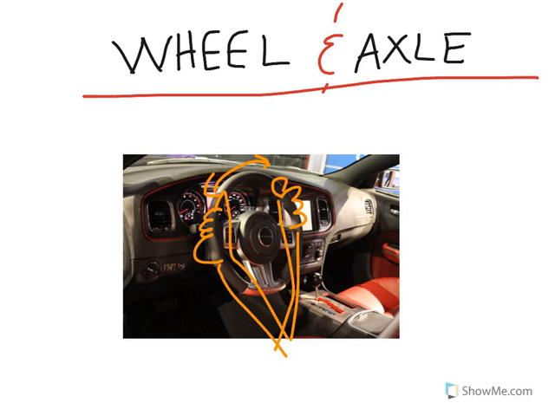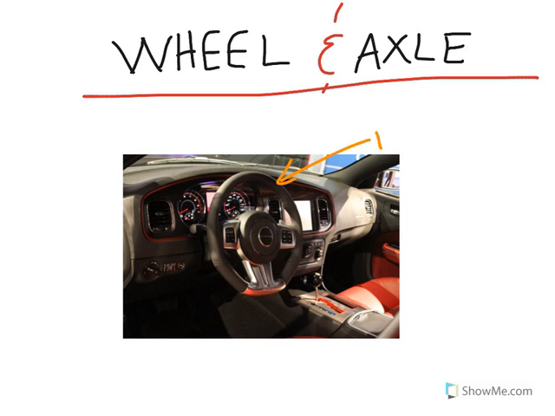The outside of the wheel there that your hands are on is driving the axle. So in this case, the wheel is driving the axle. Labeling this is the driver, and then the axle in the center is what's being driven. The wheel is driving the axle.